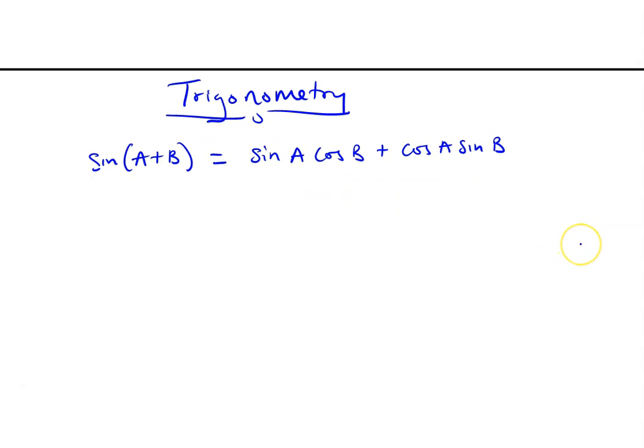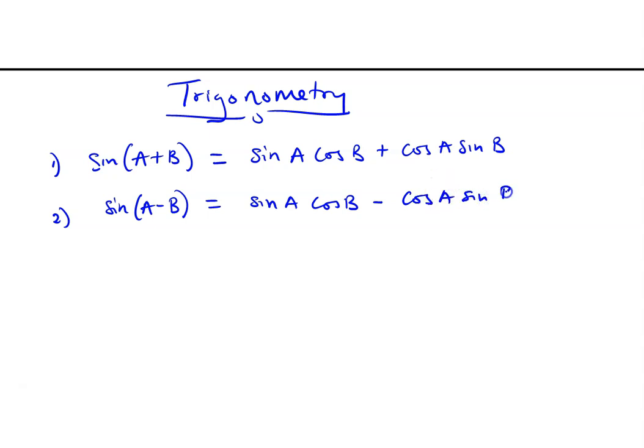This is one of the formulas that you need to know. Do you get it? Then number two, the opposite: sine of A minus B equals sine A cos B minus cos A sine B.